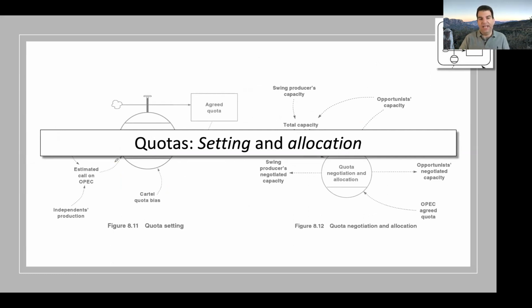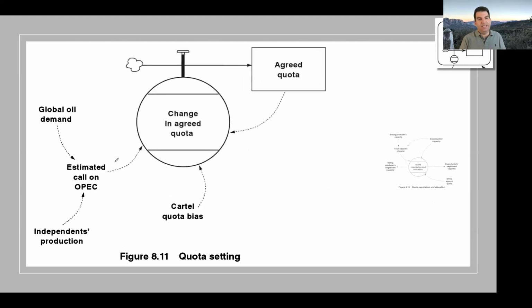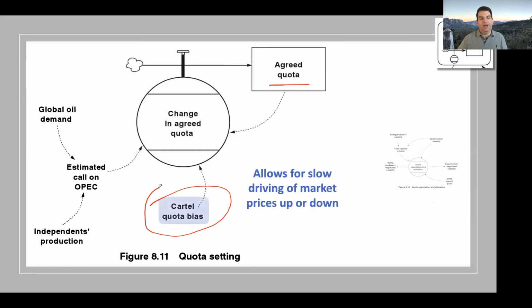And then there's the quota setting and allocation that we can model. Those basically have some simple dynamics, where we can build some formulas where they have an agreed quota at a particular time, and then based on biases that we can put in, which allow us to introduce external forces that change the bias, like political forces, the cartel will feel more powerful or less powerful, and that will allow this quota to change over time.